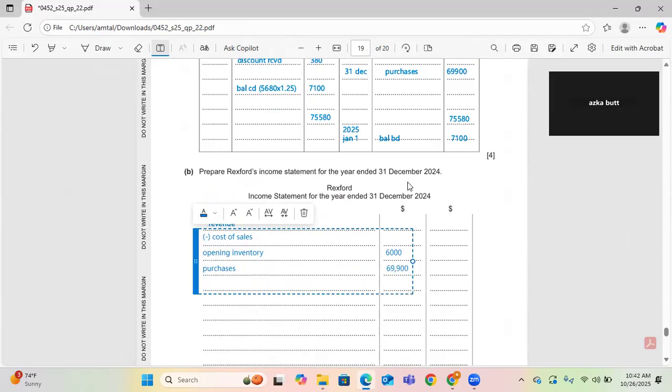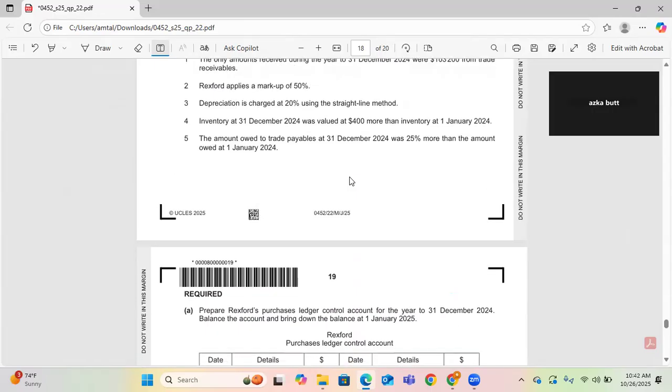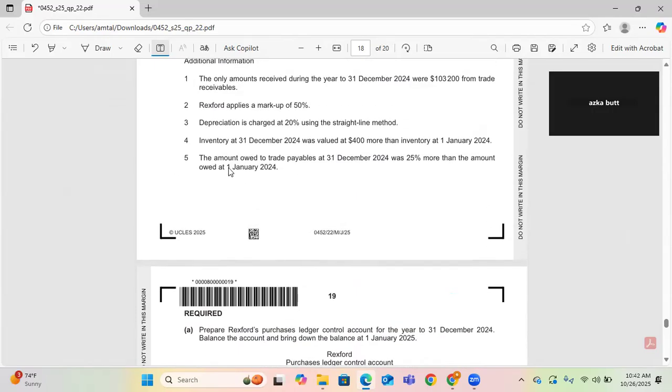Then we need to deduct the closing inventory. Let's see how much the closing inventory is. In the additional information, inventory at 31st December, meaning the closing inventory, was valued at $400 more than the inventory at 1st January.